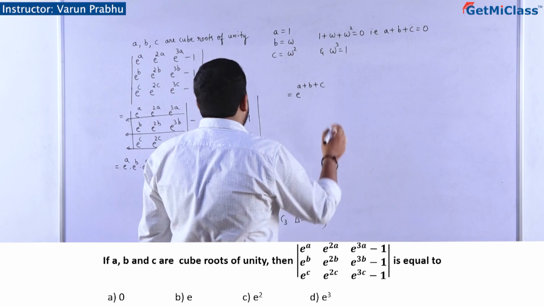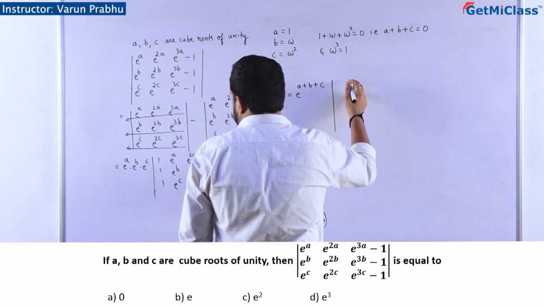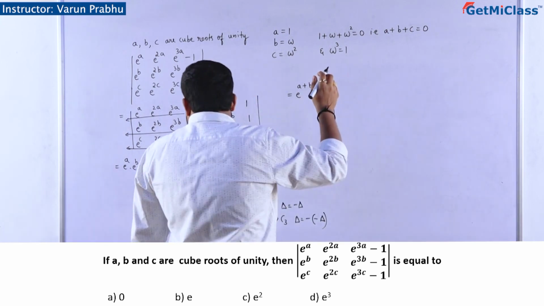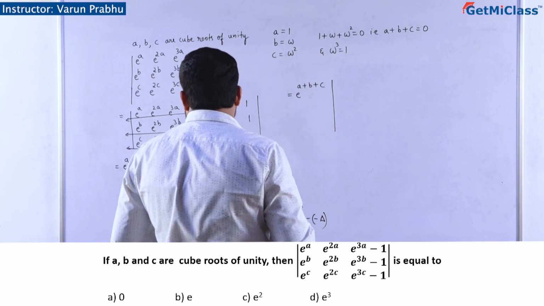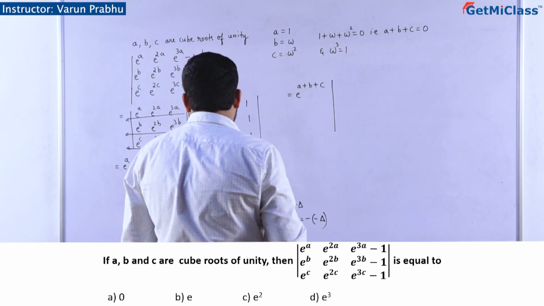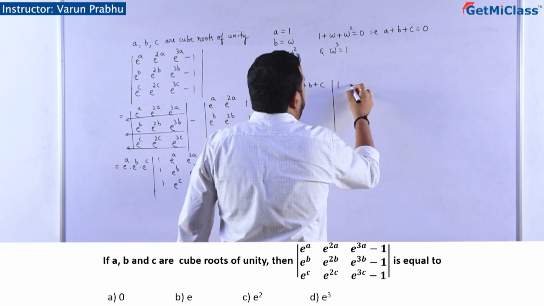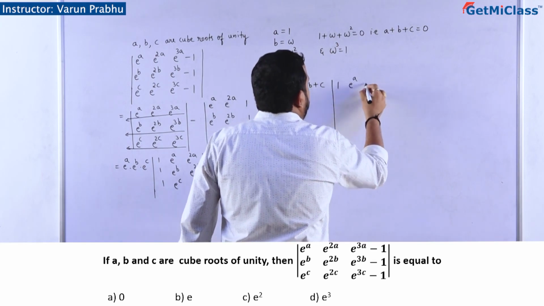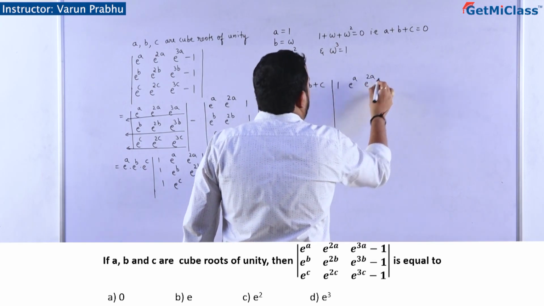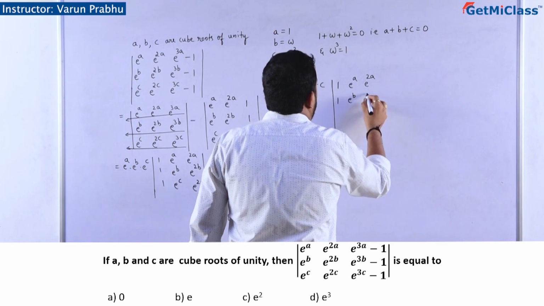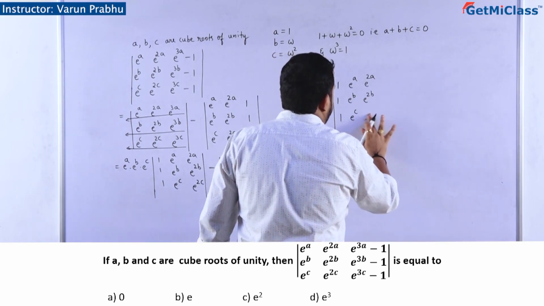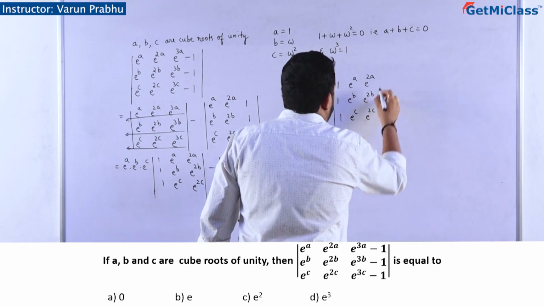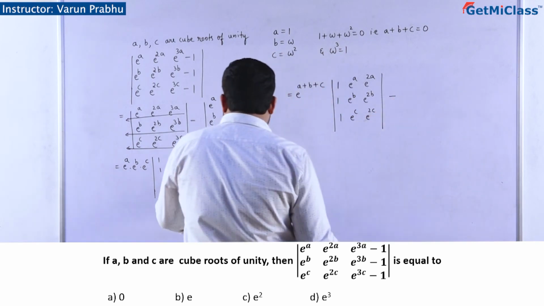So what do we get here now? I can get e to the power A plus B plus C into 1, e power A, e power 2A; 1, e power B, e power 2B; 1, e power C, e power 2C, minus of.